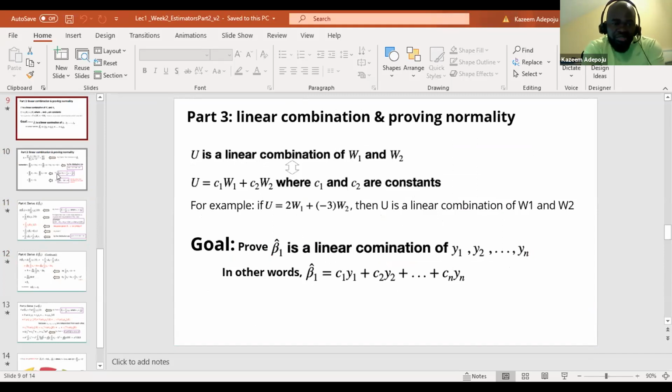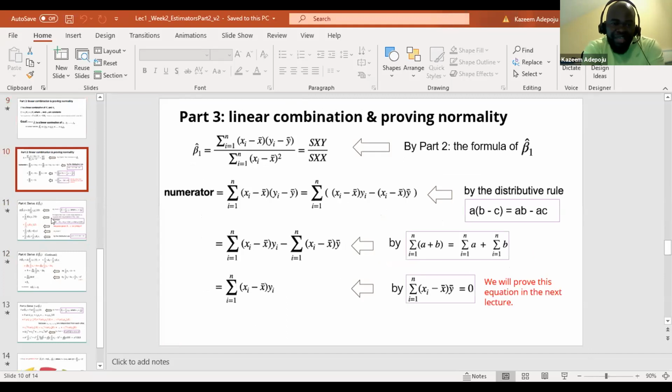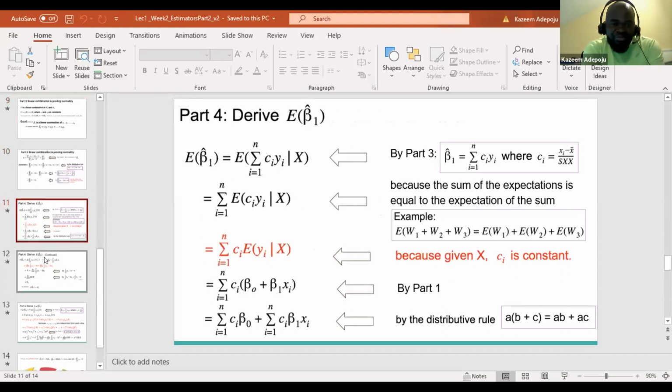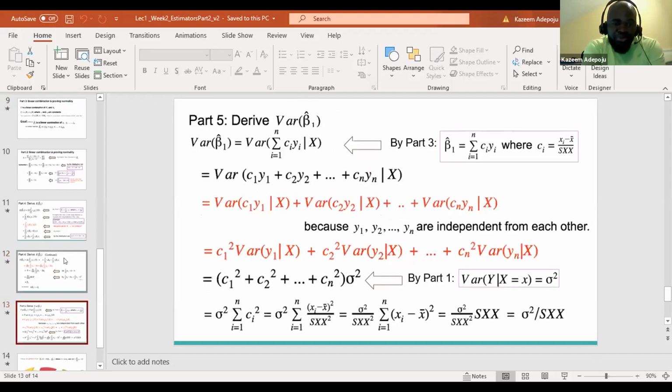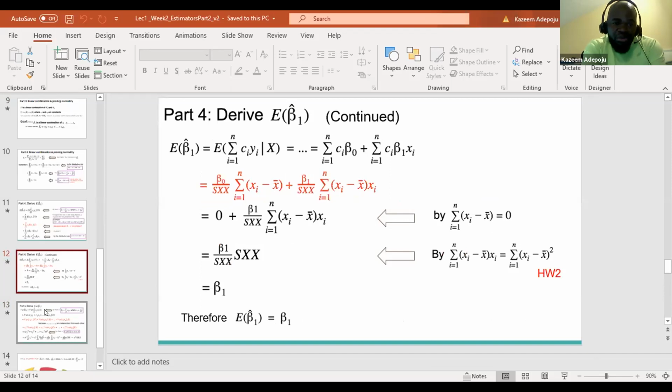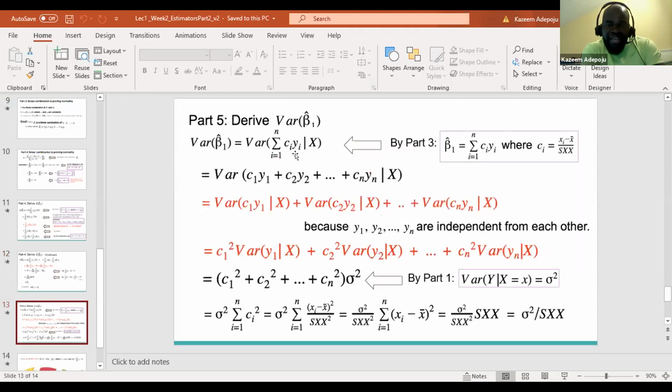So it starts from slide 9, slide 10, slide 11, and ends in slide 12. That is how to prove it for the mean, the expected value. The way to prove it for the variance is also shown on this slide.